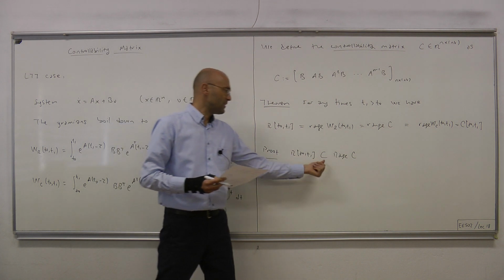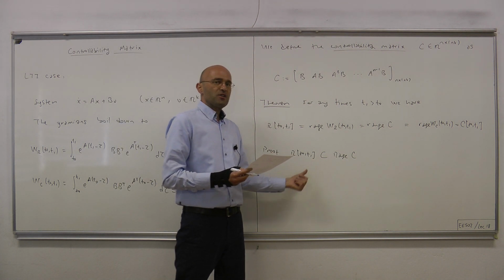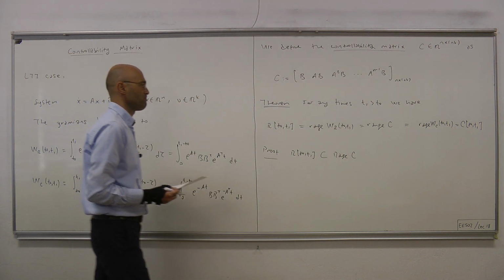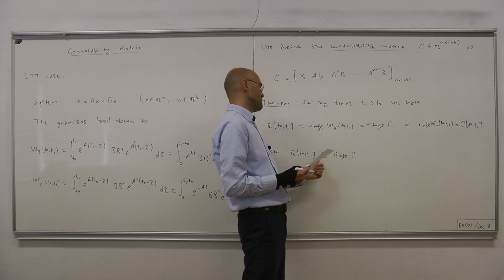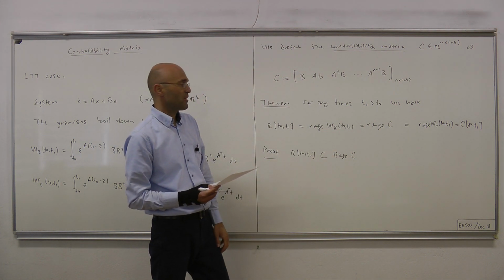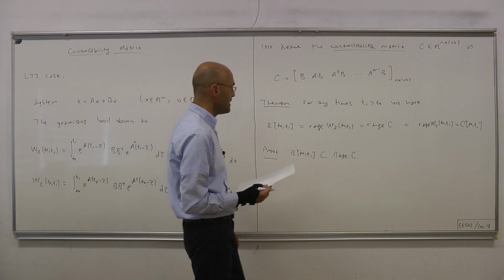Okay, and to show equality, first we show that one of the sets is a subset of the other, and in the second part we show the range space of C is a subset of the reachable subspace. Therefore, if both are subsets of each other, we will have shown the equality.